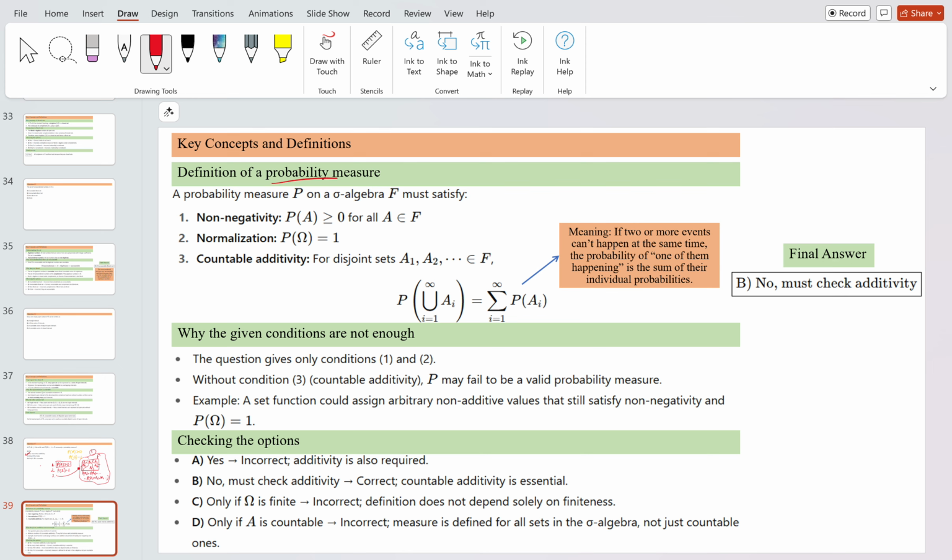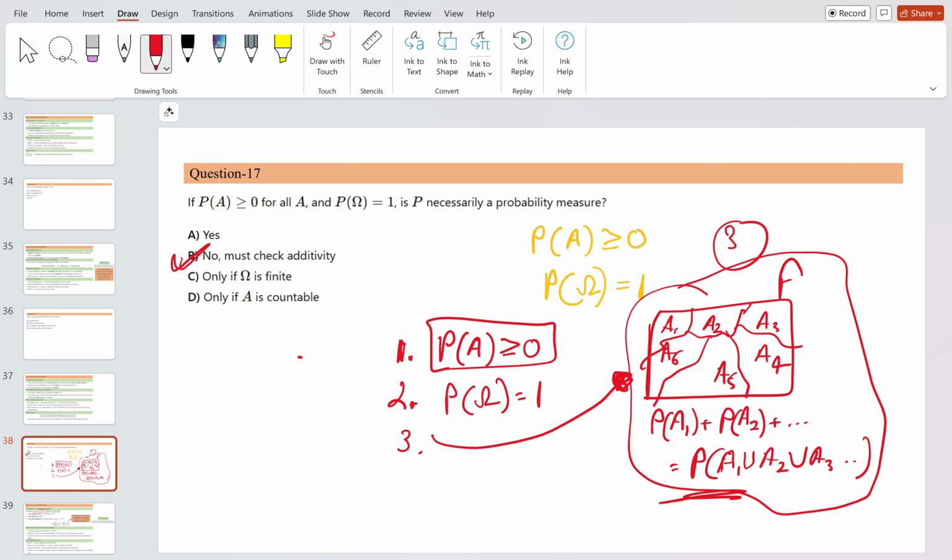First, the probability measure definition: a probability measure P on a sigma algebra F must satisfy non-negativity, the probability of A should be greater than or equal to 0 for all A belonging to F. Second is normalization, the probability of omega is equal to 1. Third, countable additivity for disjoint sets A1, A2, A3 belonging to F, so the probability of the union of A1, A2, A3 dot dot dot will be equal to the summation of the probabilities, which I have already explained here.